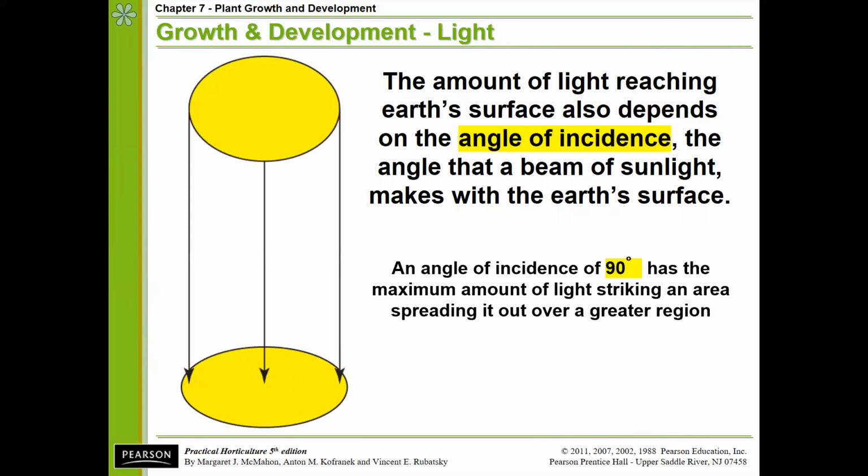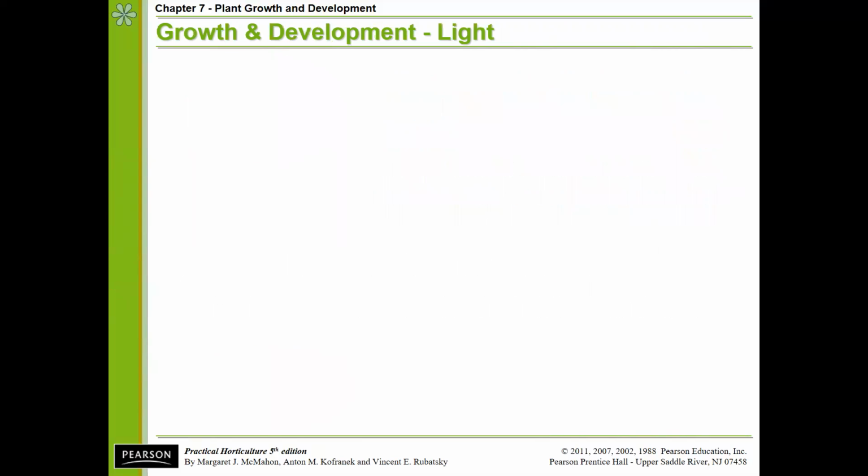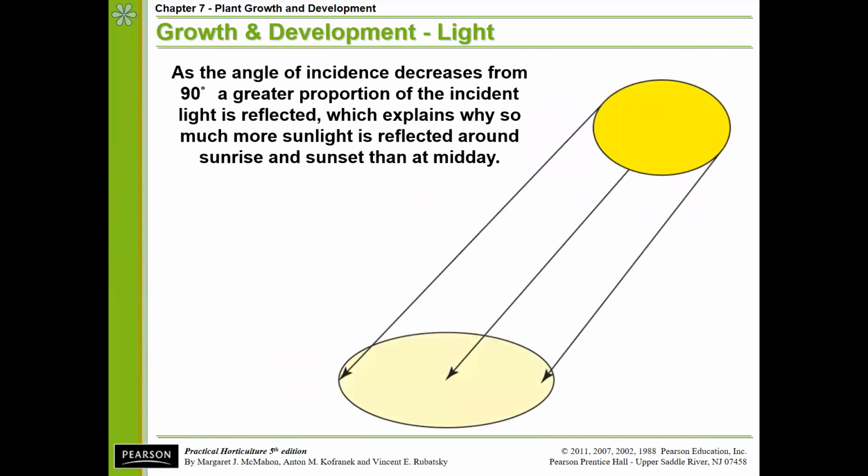Other than that, it's lower or higher than 90 degrees, and we don't have the maximum amount of sunlight reaching the plant surface. And as that decreases or increases, we get more light reflected rather than absorbed. So angle of incidence is really important. That changes throughout the seasons.